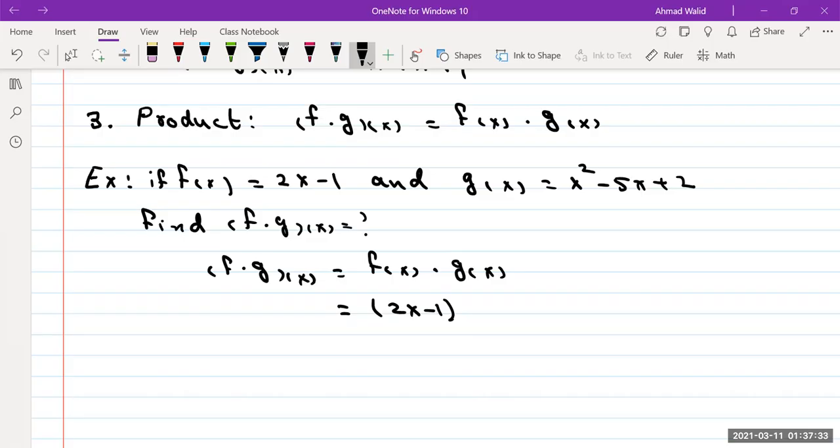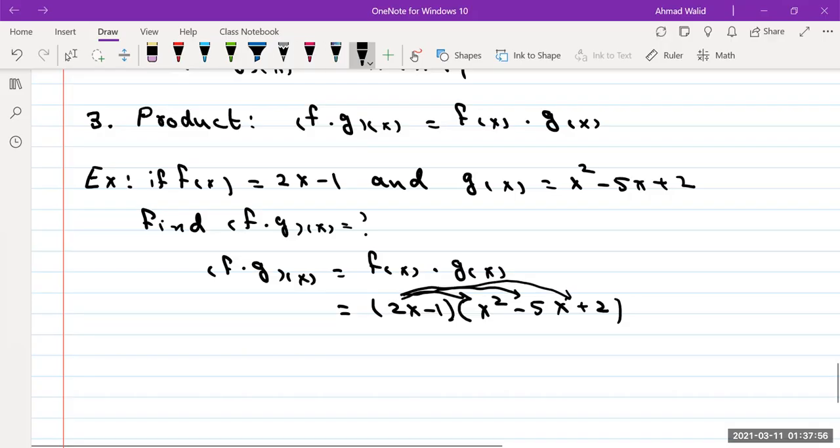Your g of x is x squared minus 5x plus 2. You distribute the first term to all, then you distribute the second term to all, right? Distribute first 2x to all of them like this, then distribute -1, correct?